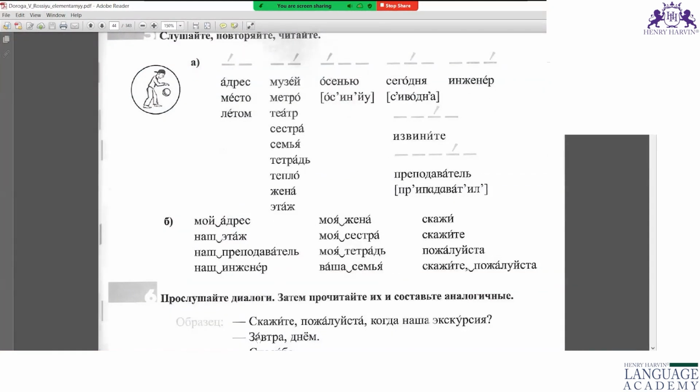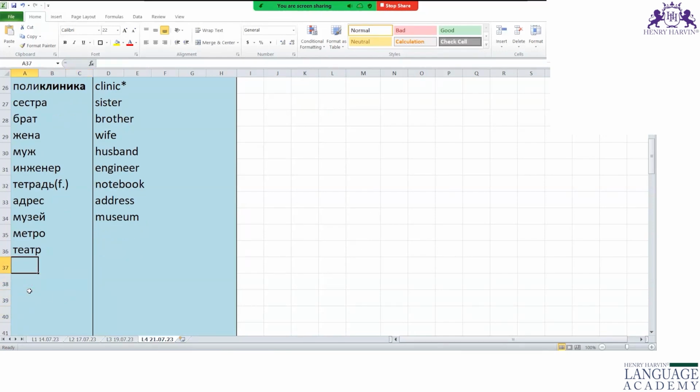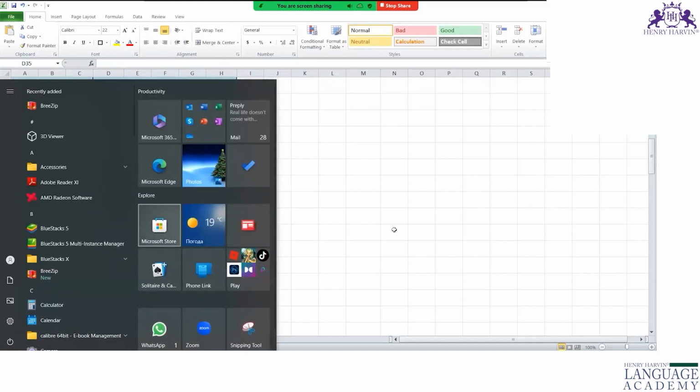Театр. Theater. And you can also write кинотеатр, while theater is where actors perform on the stage. Кинотеатр is a cinema, because the word кино means movie, film. So театр, кинотеатр, remember them in pairs.